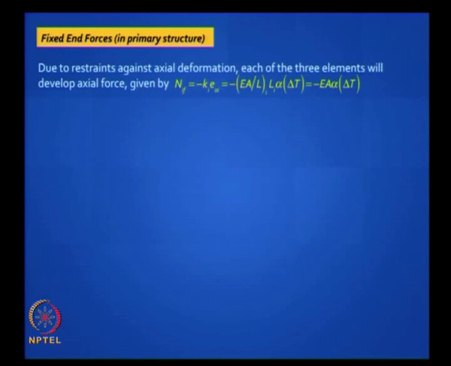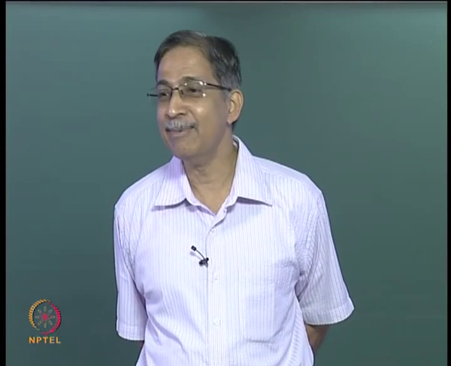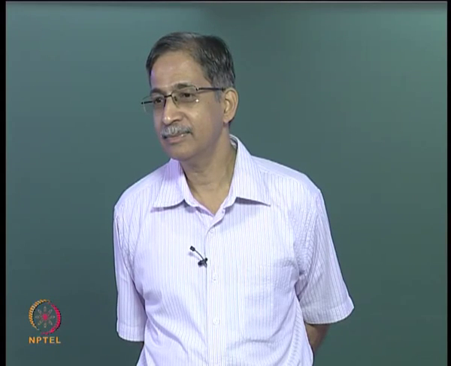Now it is interesting that Ki is EA by L and e naught i is L alpha delta T. L cancels out. It's interesting, am I right? So for all the three elements you will get the same axial force. Yes or no? That is what logic says, you get the same axial force for all the three elements, right?